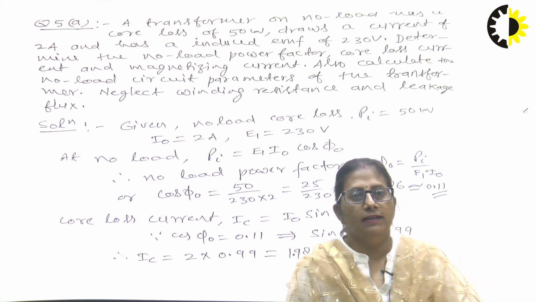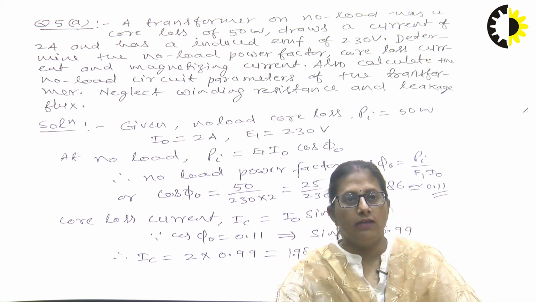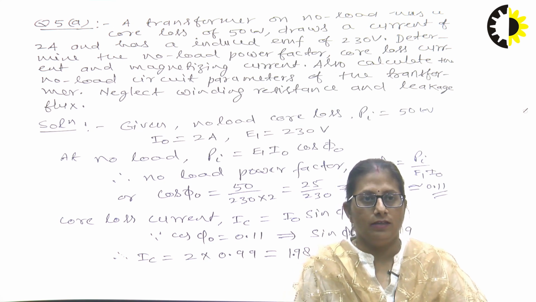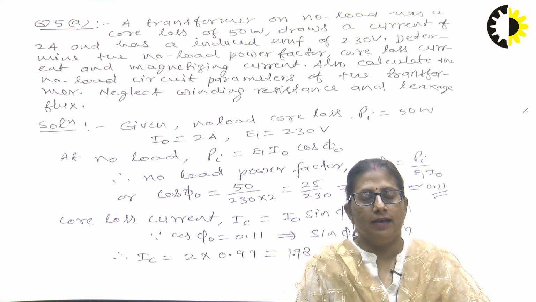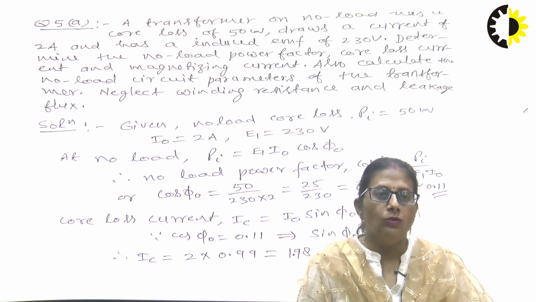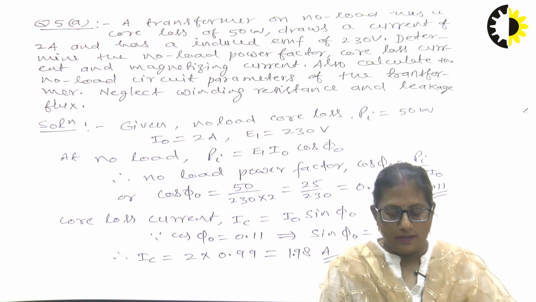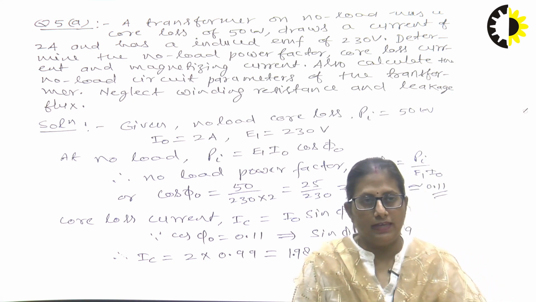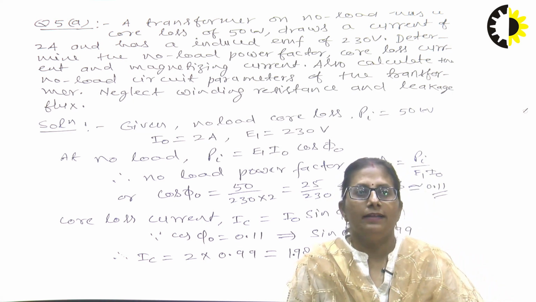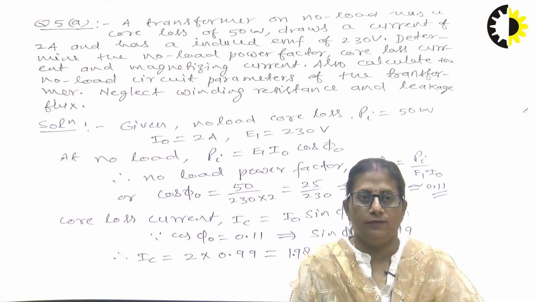This is a question which repeatedly used to come in AKTU, under the topic of the equivalent circuit or the no load circuit of the transformer. The given thing is that the no load core loss is 50 watts.